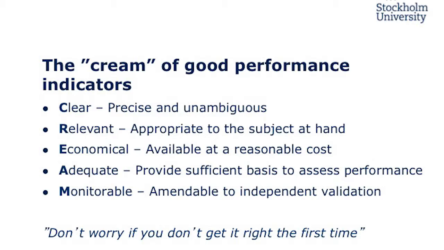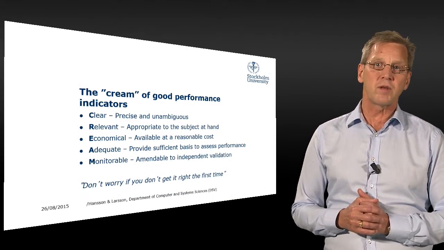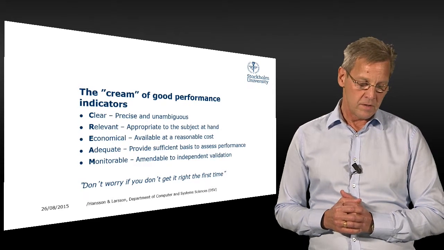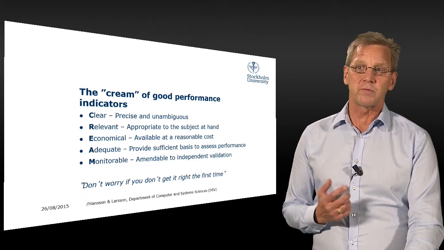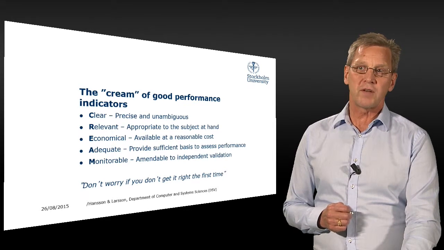Is it economical enough to get the data from the groups or the population that we would like to get? Is it adequate? Does it actually answer the questions that we want to answer by getting this type of data? And is it monitorable? Can we make amendments for the data?